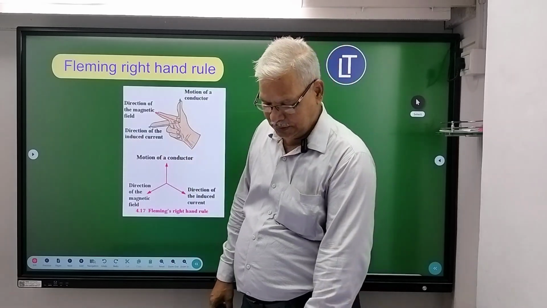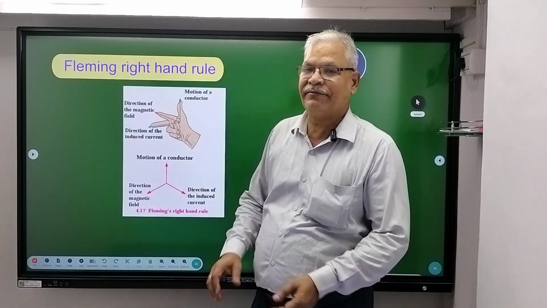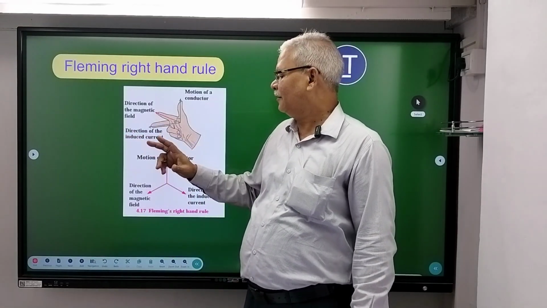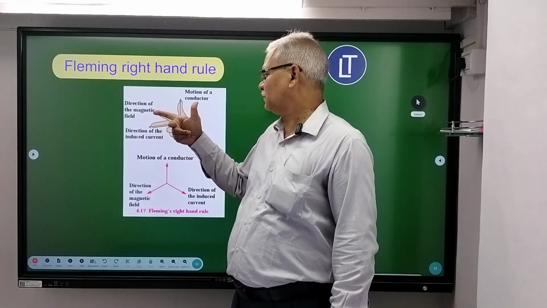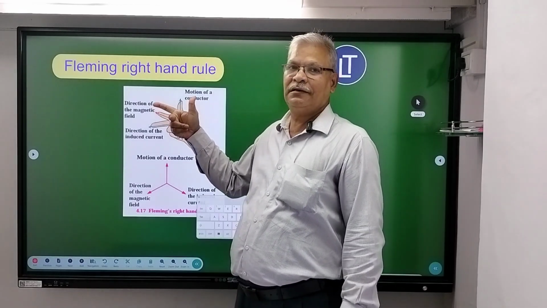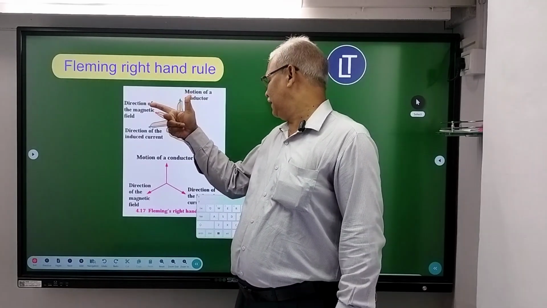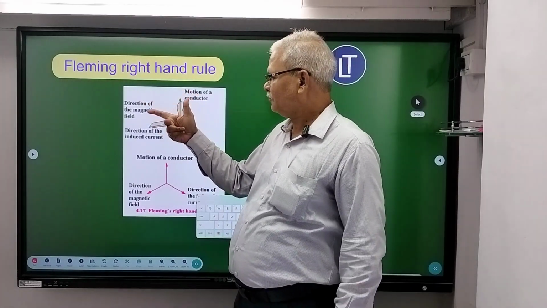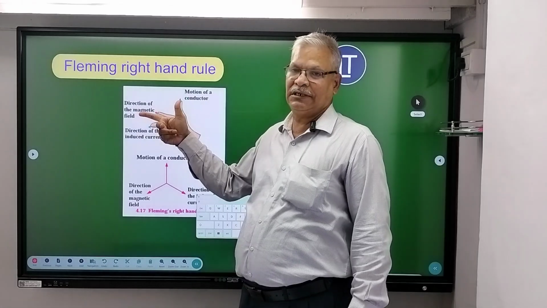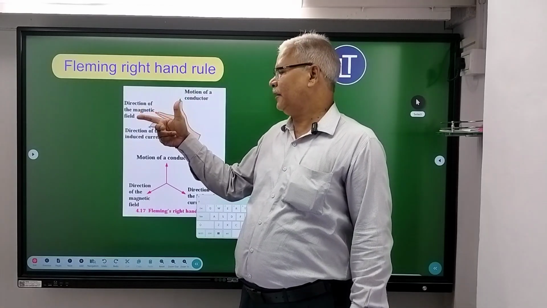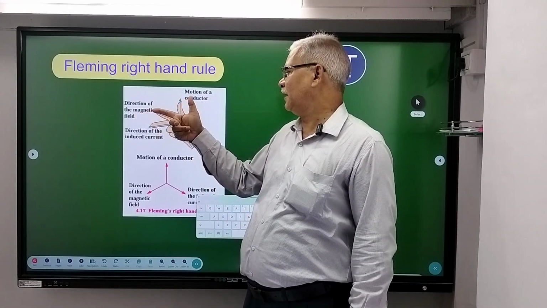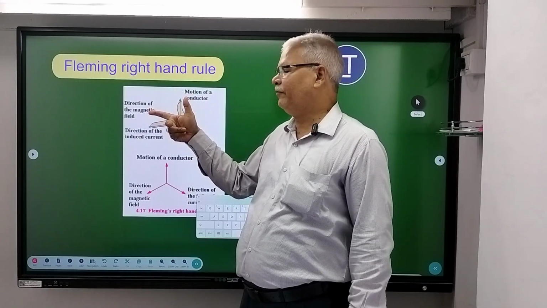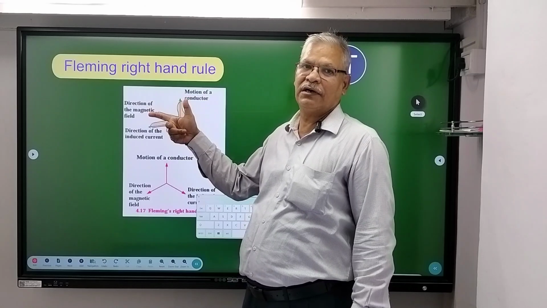Just like the left hand rule, in the right hand you stretch your thumb, index finger and the middle finger in such a way that the index finger shows the direction of magnetic field, thumb shows the direction of motion of conductor and the middle finger shows the direction of current.